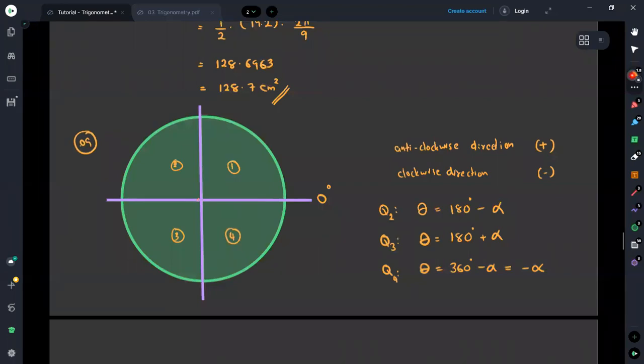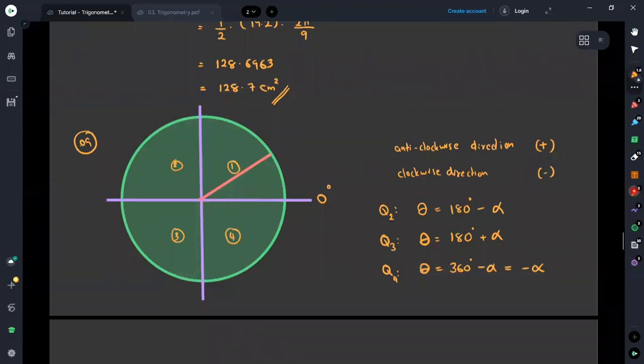Then if you have completed the first round, and the angle is again coming back to the first quadrant, suppose you are measuring the angle in this way. Now you have completed 360 degrees. Then this is the associate acute angle for this theta.